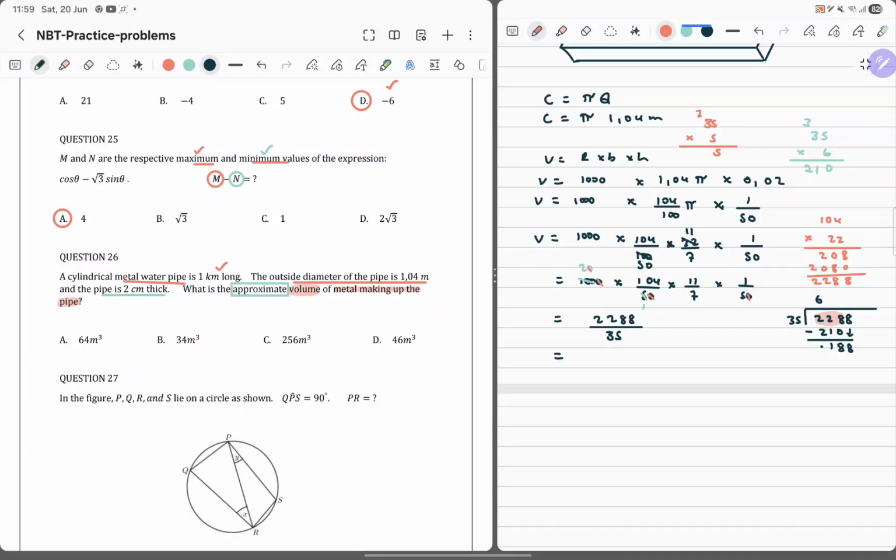Carry the 2. 5 times 3, 15 plus 2, 17. So that's 175. It goes 5 times. 5 times that is 175. This is 3. This is 5. This is 0. So do you see there's a remainder? 53. 65 times remainder 53.